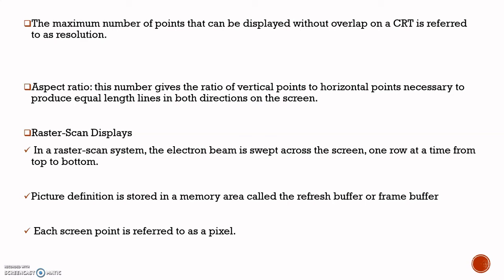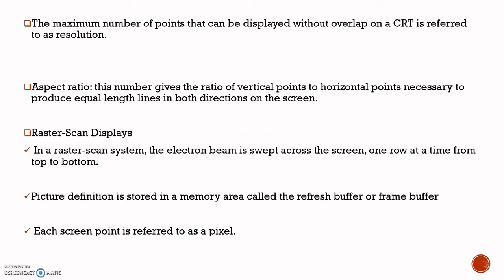The frame buffer holds the set of intensity values for all the screen points. Stored intensity values are then retrieved from the refresh buffer and painted on the screen one row at a time. Each screen point is referred to as a pixel.